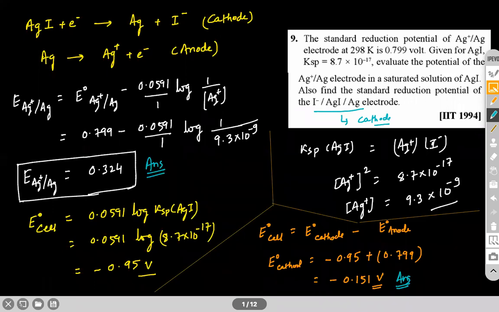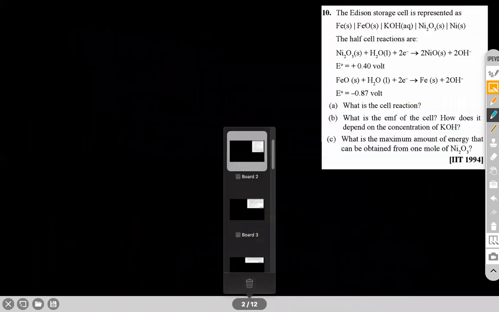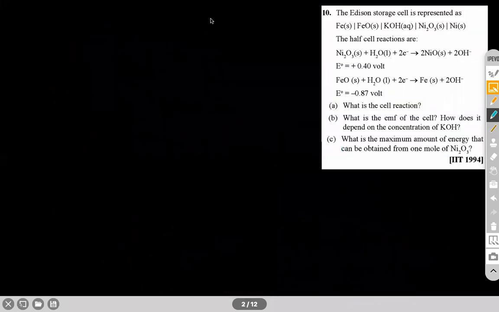Next question you see. You see, there's a storage cell. Edison storage cell is represented by this. It is given. Half reactions are also given. Okay, Ni2O3 plus H2O gives this.